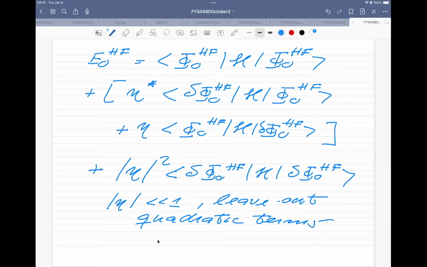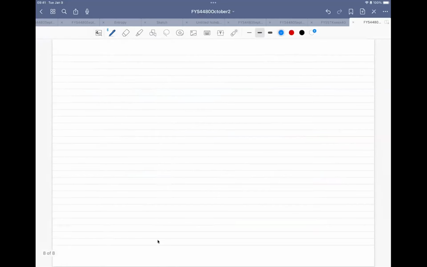So what we are doing here is exactly what we would do if we had a Lagrangian involving kinetic energy and potential energy. We would typically leave out the eta squared terms because we assume that this is a very small perturbation. And we want to find the path which minimizes this integral. In principle, what we want now is to find the least action, which gives us our lowest possible energy.